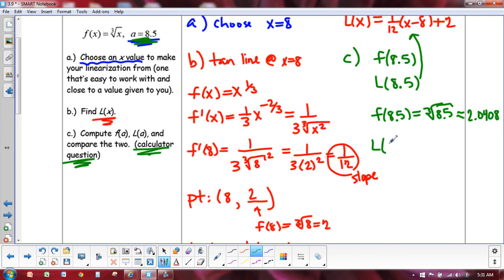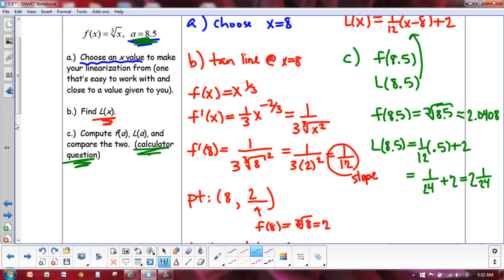So 2 and 1/24. And then at that point, you might have to figure out that decimal, but if they already gave you a calculator for the cube root, you could figure it out on your calculator as well. And that is approximately 2.0416.